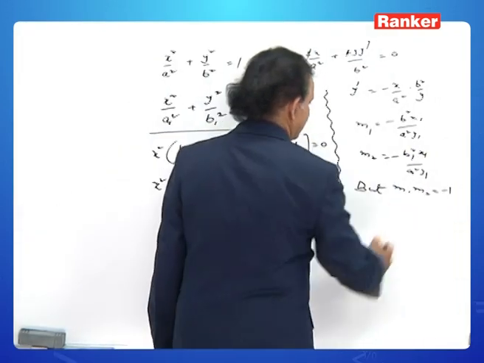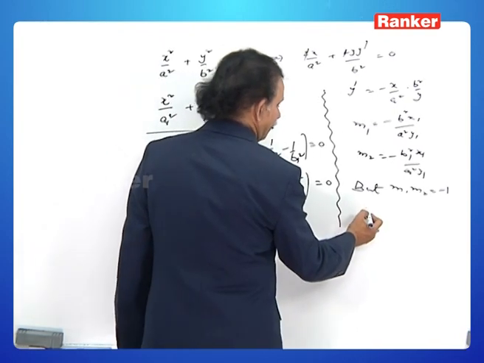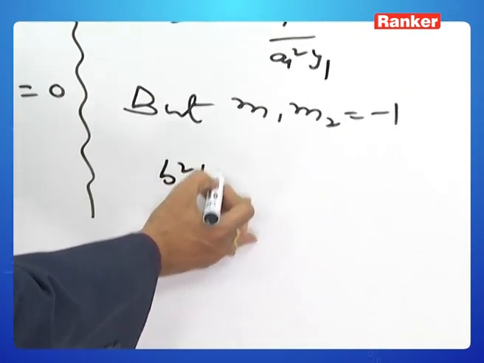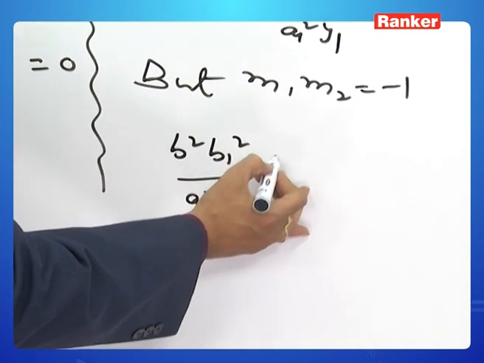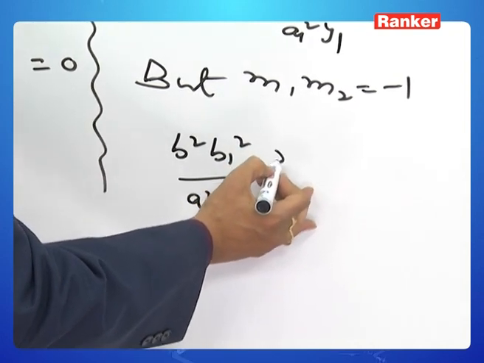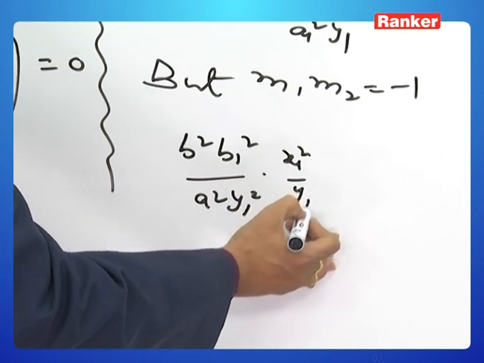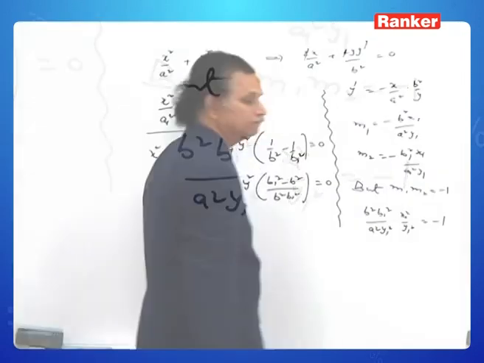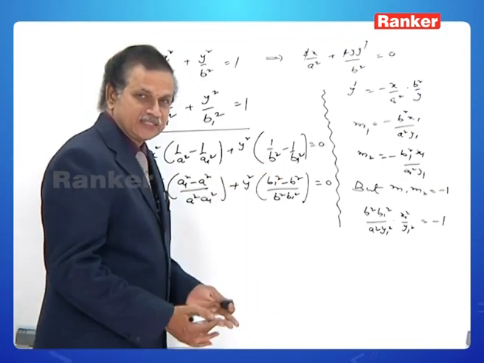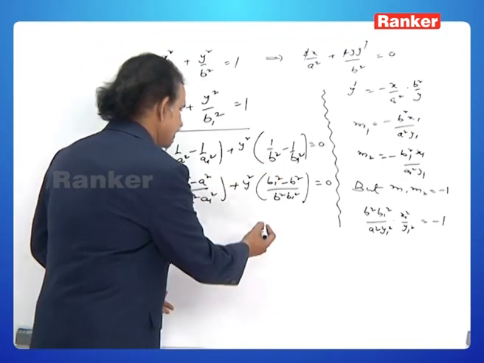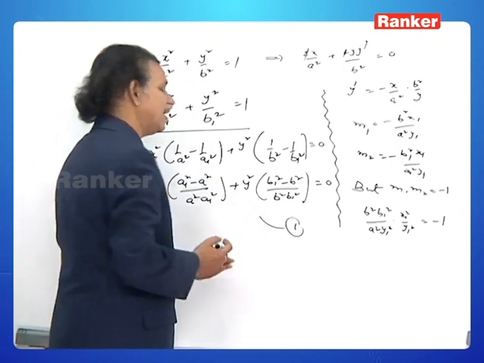This product must be minus 1. That is, b square b1 square by a square a1 square into x1 square by y1 square must be minus 1. Now, this is the time for us to utilize this condition. Let me call this 1.